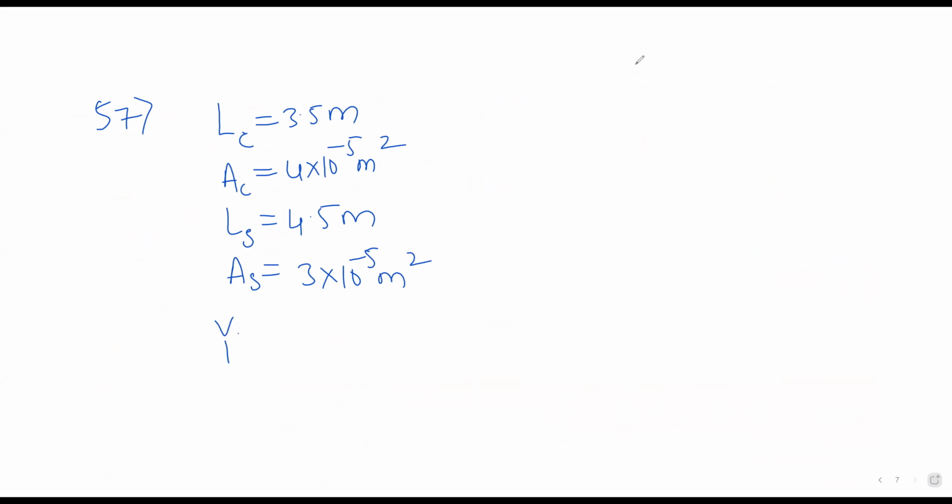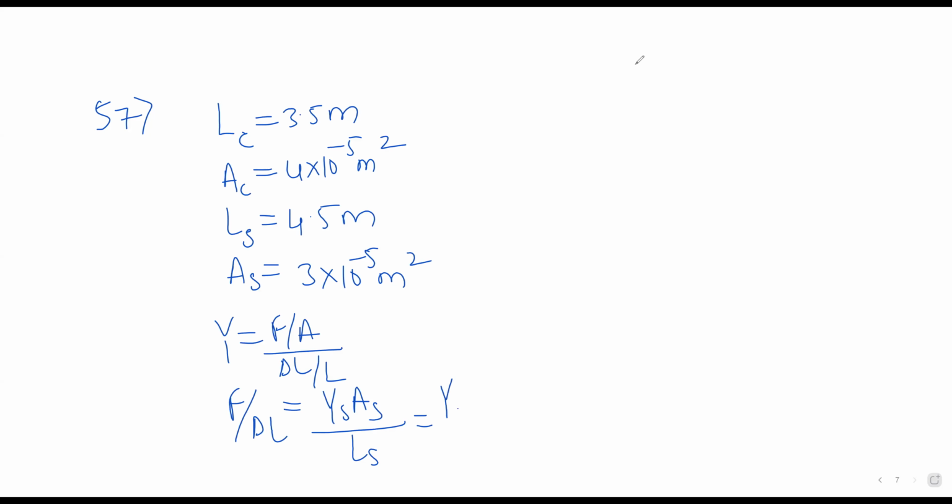Using the formula of Young's modulus, force by area divided by change in length to the original length, you can modify this as F divided by delta L is equal to Young's modulus of steel into area of cross section for steel to the length of steel, or Young's modulus for copper into area of cross section for copper to the length of copper. So all the known values are substituted in this.